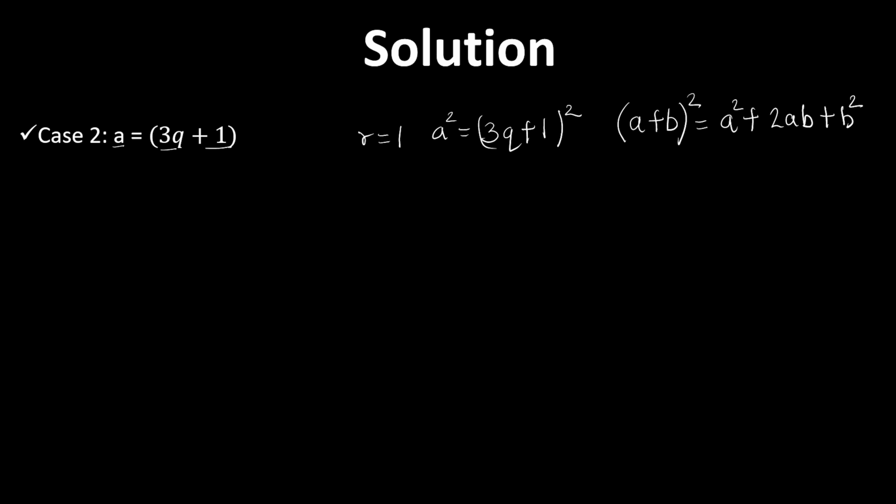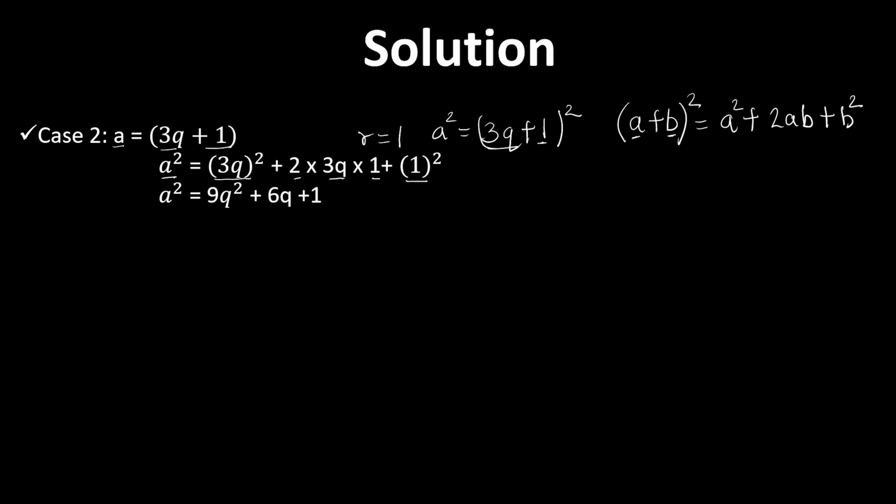If we compare 3q plus 1 whole square with a plus b whole square, our a is 3q and b is 1. Substituting in the expansion, we obtain a square equals 3q whole square plus 2 into 3q into 1 plus 1 whole square. Simplifying, 3q whole square is 9q square, 2 into 3q into 1 gives 6q, and 1 whole square gives 1 itself.